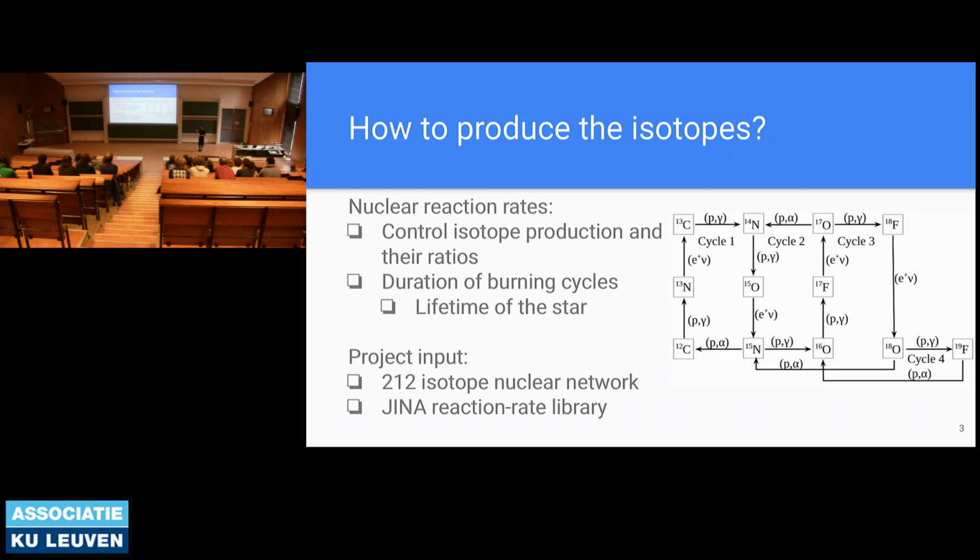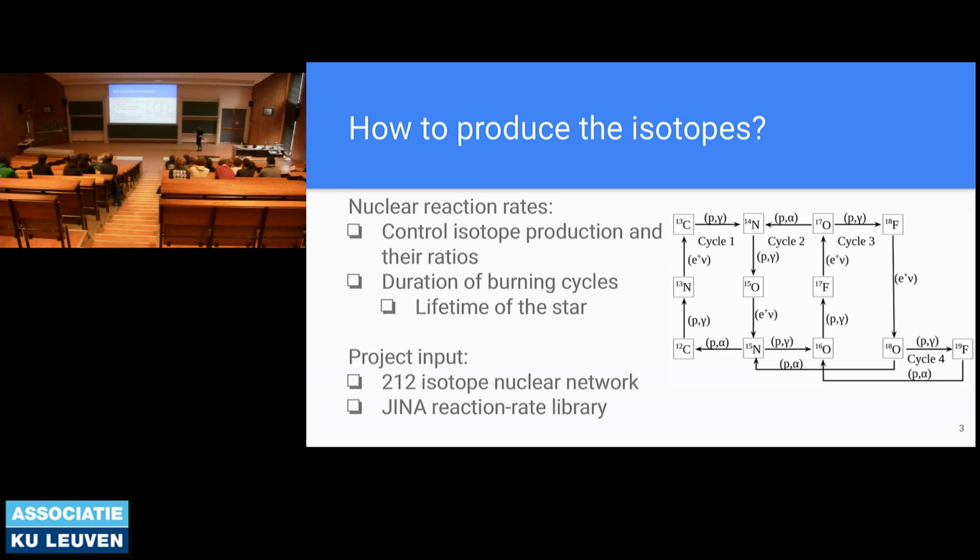And especially, this is an example of the CNO-cycle. The laser pointer is currently not working, so I can't point it out. There is the nitrogen-14, nicely in the middle. That one determines basically your main sequence lifetime of a massive star, because this is the slowest reaction, and this is why we need nuclear physics. We need to be careful what we put into our star, because otherwise we might actually get unphysical results.